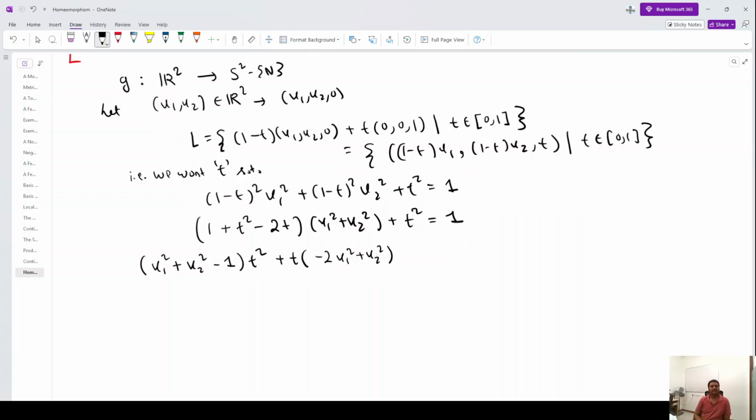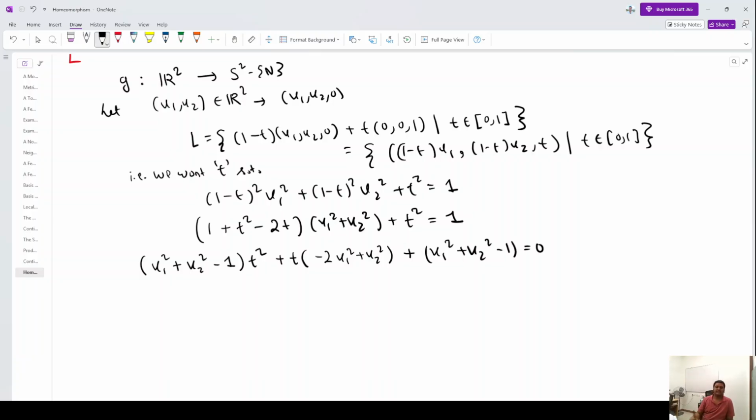Now the constant term: you have 1 here, just keep it this side, so you have x1 square plus x2 square minus 1.